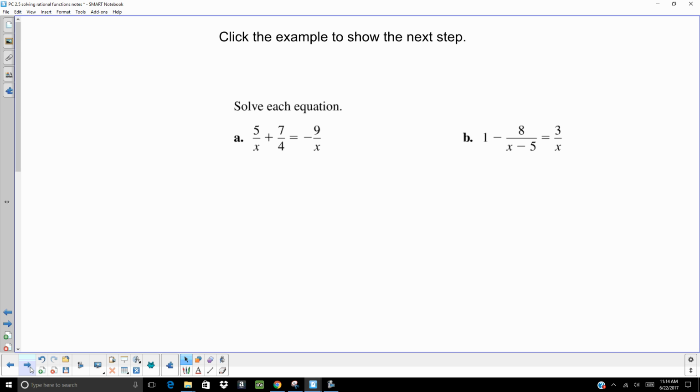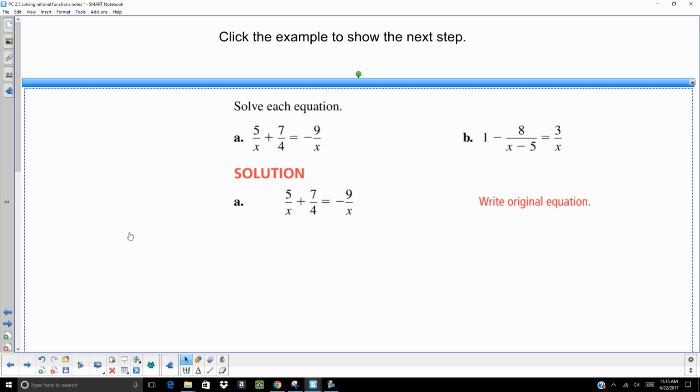However, it doesn't usually stay that easy. Here we have 5 over x plus 7 over 4 equals -9 over x. So we're going to go ahead and write that original equation down. And we don't want to deal with fractions. Fractions are a pain in the neck.